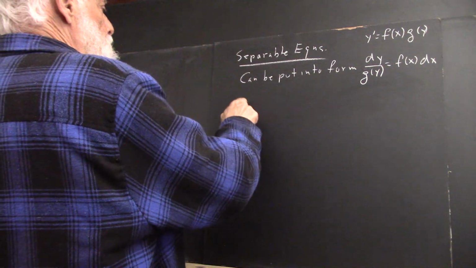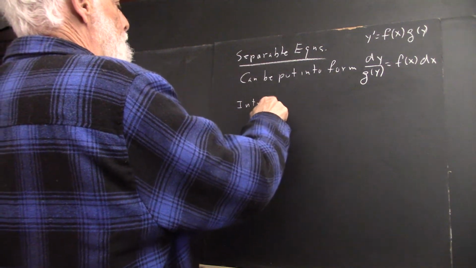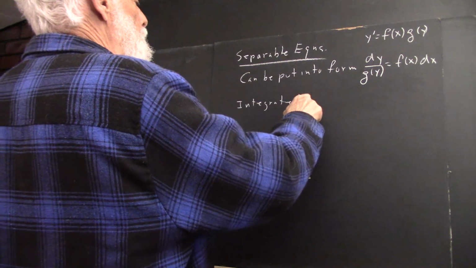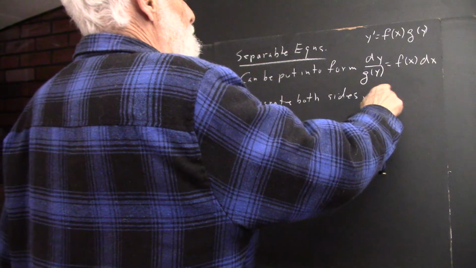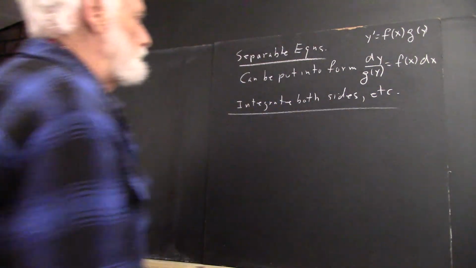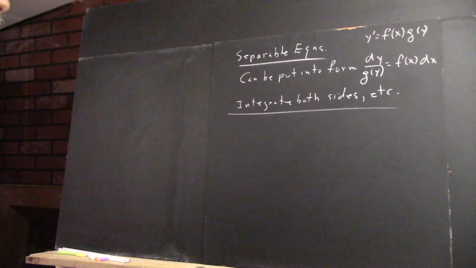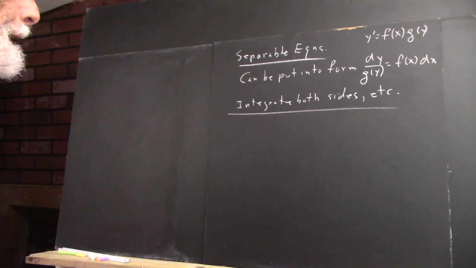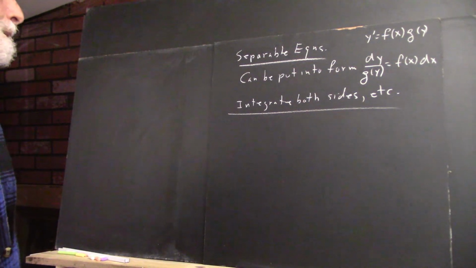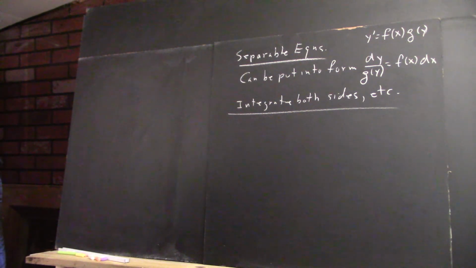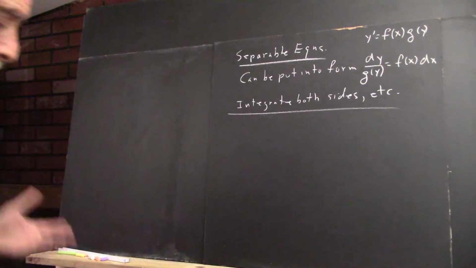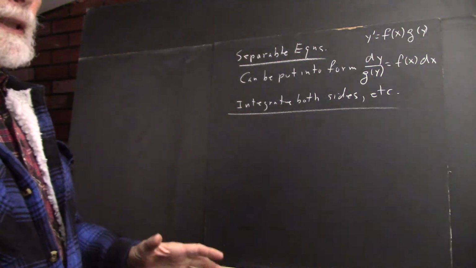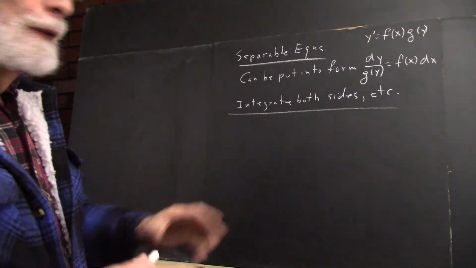So you just integrate both sides, etc. Okay. I don't want to say too much about this, but one important equation that's separable. Well, okay. I'm just going to state a few examples because most of the examples are really straightforward.